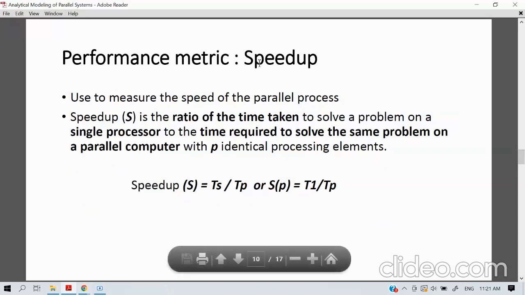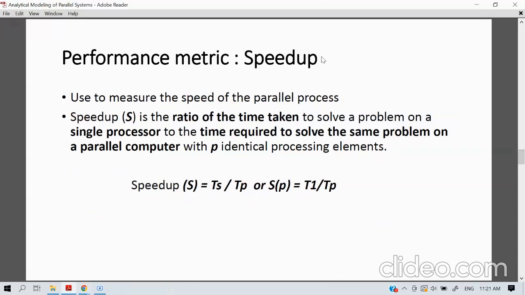Alright, the second one is called speed up. It is used to measure the speed of the parallel process. Of course, when we want to implement a parallel program, we need to consider the speed up. We need to make sure the parallel program is faster compared to the sequential program.